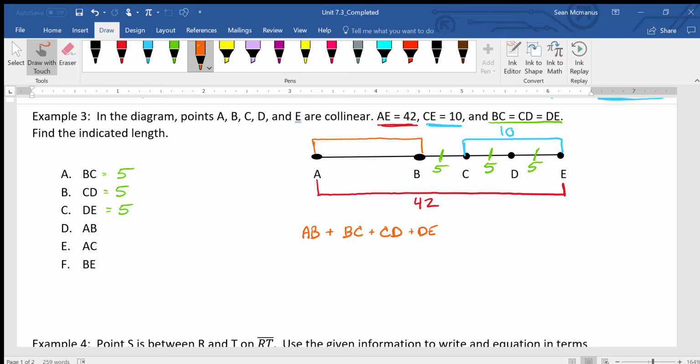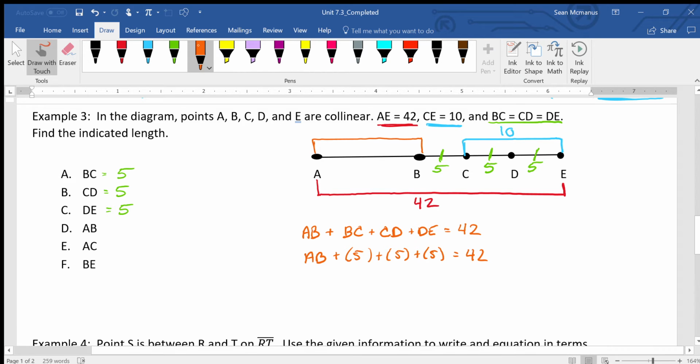If I add up all of these smaller segments, they will equal the total length, which is 42. And I know these last three are all 5. So 5, 5, and 5. So AB plus 15 is equal to 42.